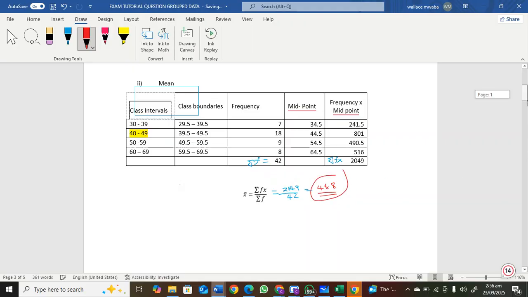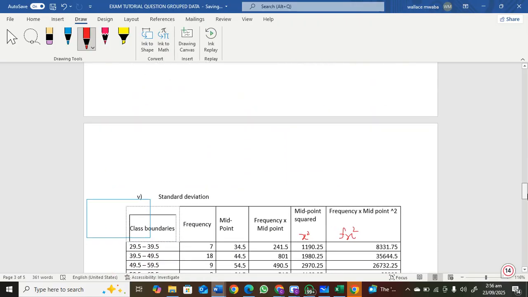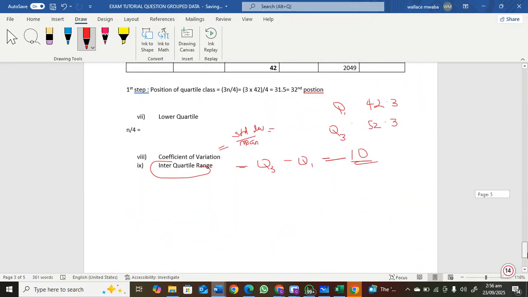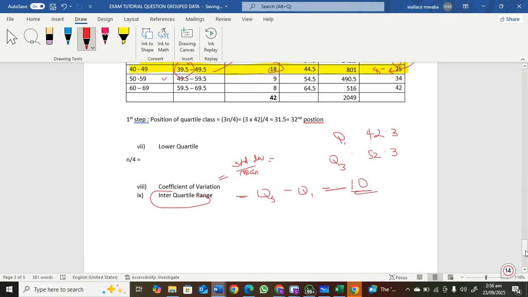We're trying to get the coefficient of variation. Basically, how consistent is our data?